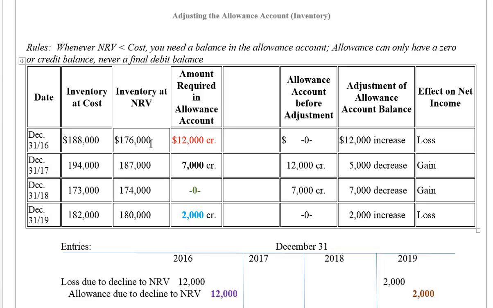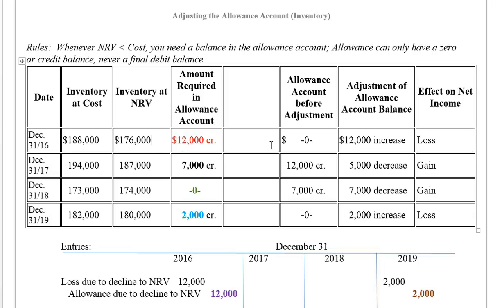In this case, we have a cost of $188,000 and an NRV, net realizable value, of $176,000. If the inventory is sitting at cost and our NRV is 176, don't forget when we use the allowance under the indirect method, we have to state our inventory at cost and deduct the balance in the allowance account to set it to net realizable value.